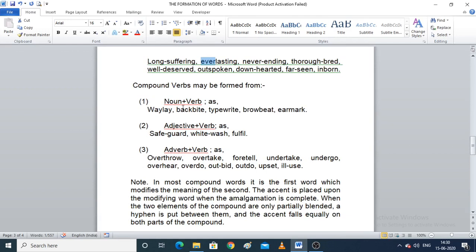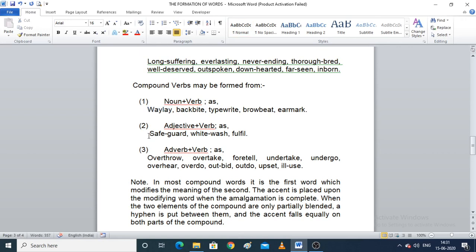Now we can add a noun or an adjective or an adverb with a verb to make it a compound verb, or you can say a compound word. So waylay: way is a noun, whereas lay is a verb.